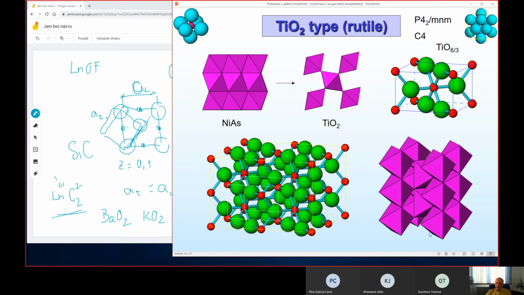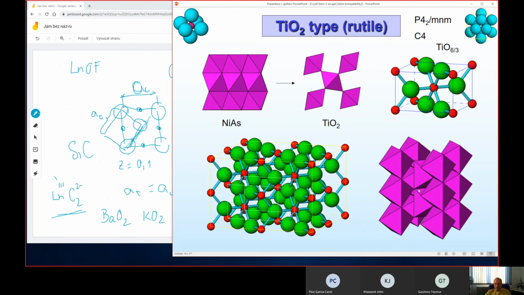As you can see here, the TiO6 octahedra form these ribbons or chains with edge sharing, but these ribbons or chains are interconnected by corners.